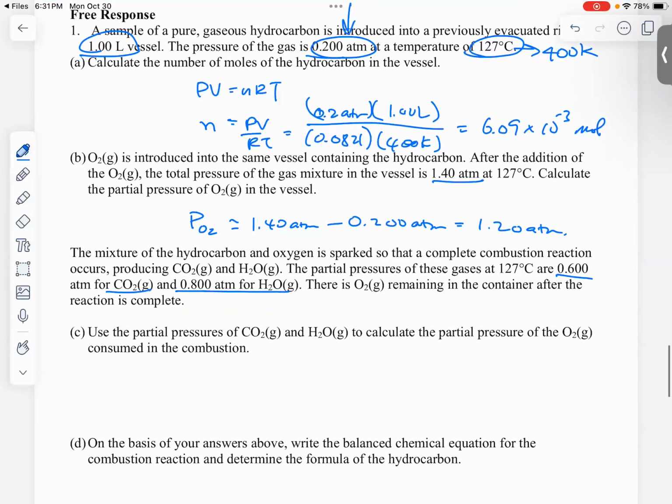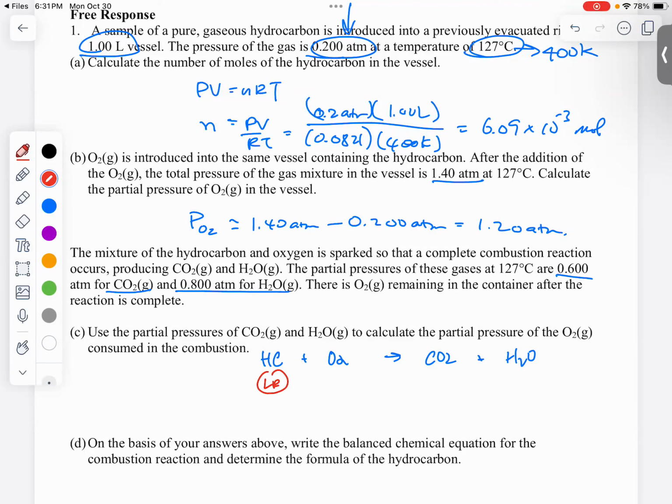Oh, okay. So you have the hydrocarbon plus O2, giving you CO2 and H2O. Now, one thing that we know for sure is that the hydrocarbon is the limiting reactant. It's completely gone.